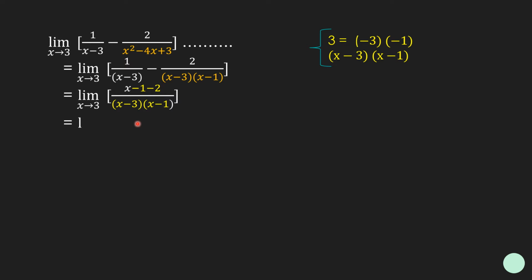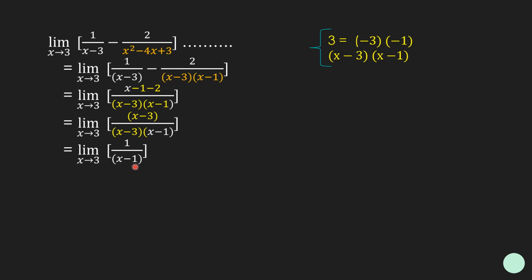In the next step, the limit becomes x minus 3 over x minus 3 multiplied by x minus 1. Here x approaches 3, therefore x is not equal to 3, and hence x minus 3 is not equal to 0. So we can cancel x minus 3 from numerator and denominator and write the limit as 1 over x minus 1 as x approaches 3.